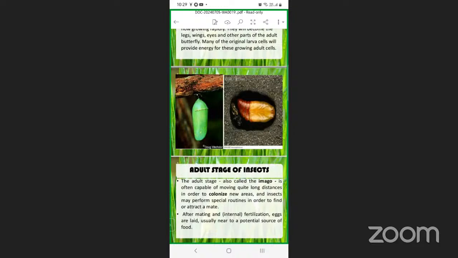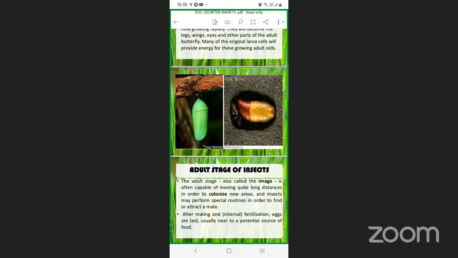And other than the mandibular glands, we also see the Nassanoff's gland in the worker honeybees, beneath the intersegmental membrane of the abdomen, and Dufour's gland is also present in these honeybees.